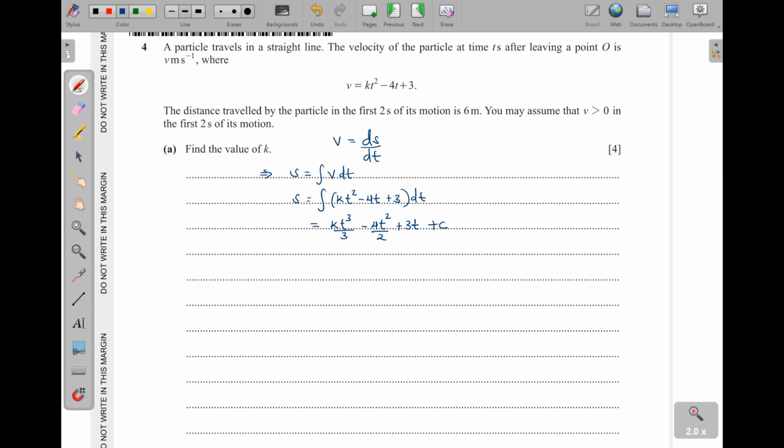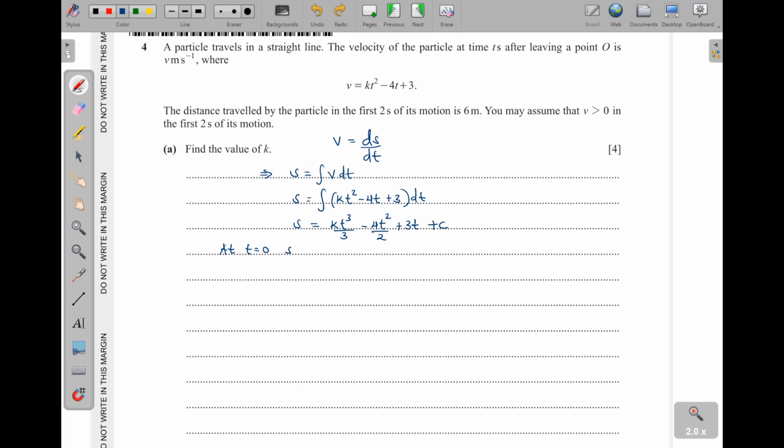We are putting that c there because we don't know the value of the constant which went when they differentiated. However, at t is equal to 0, they say the velocity of the particle at t seconds after leaving point O. So at O, the t is 0, and the displacement is 0 at that point because it hasn't moved any further.